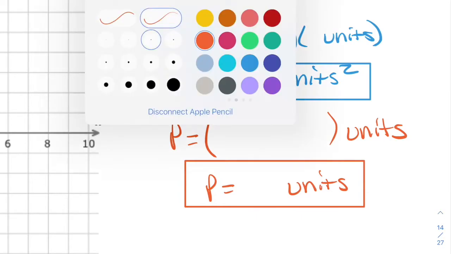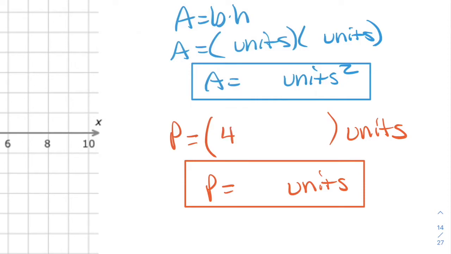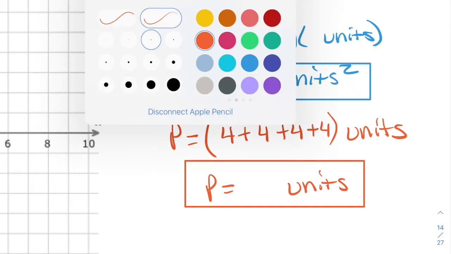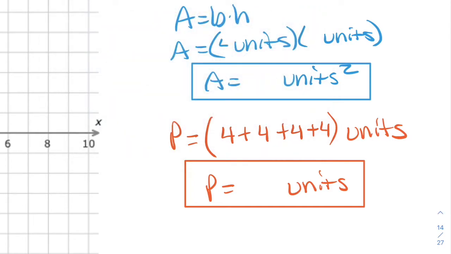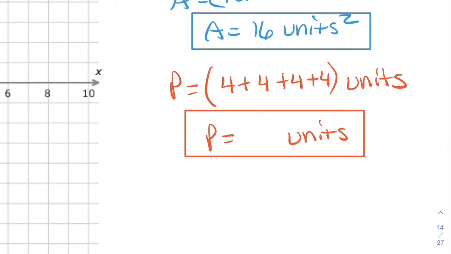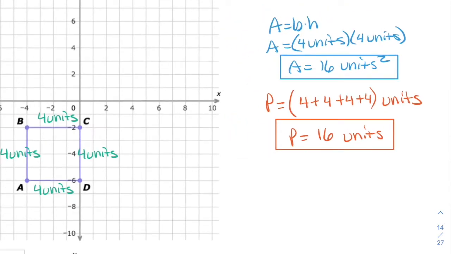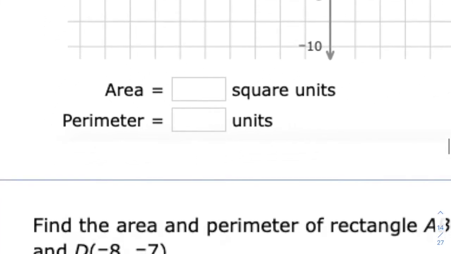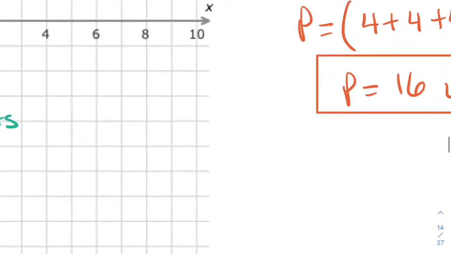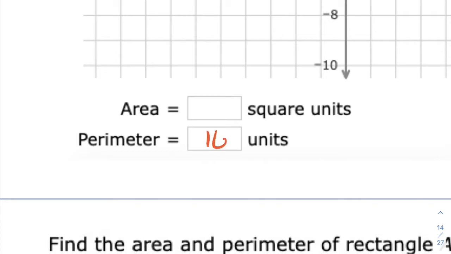So here I have 4 plus 4 plus 4 plus 4, and here I have 4 units times 4 units. So 4 times 4 is 16 units squared, and then 4 plus 4 plus 4 plus 4, 4, 8, 12, is actually 16 units. These are different. One is linear, one is squared, but they're both the number 16.